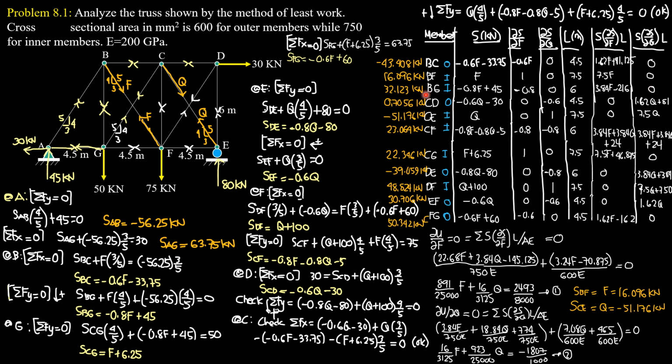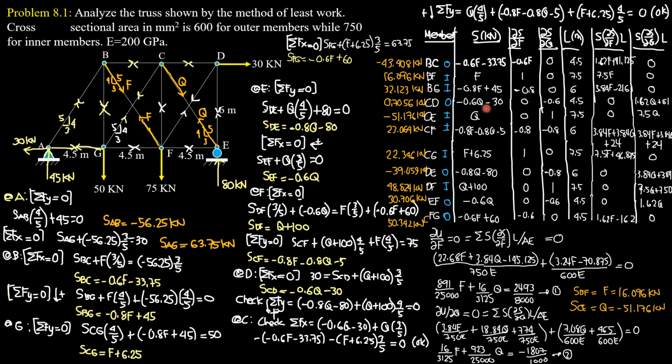BG is negative 0.8F plus 45. Then partial derivative with respect to F, negative 0.8, with respect to Q, 0. The length is 6. So the product S, partial of S with respect to F times length is 3.84F minus 216, while S, partial of S with respect to Q times length is 0.